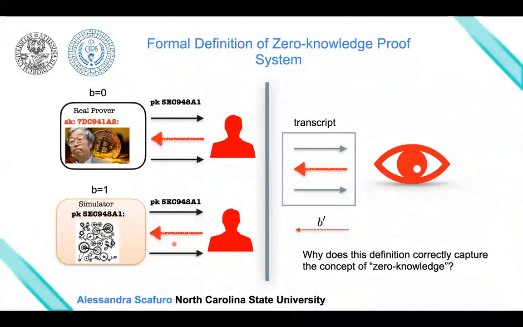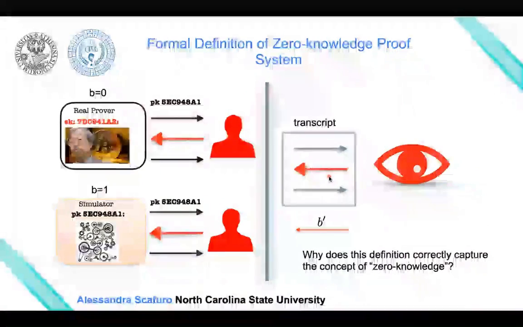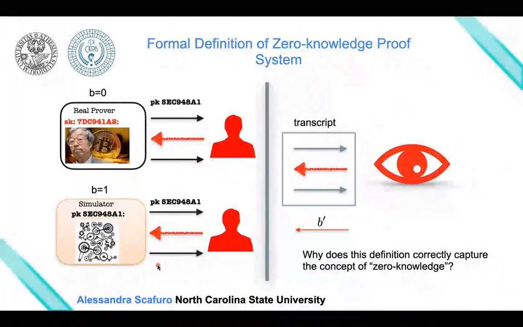Okay, so here I ask the question, why does the definition correctly capture the concept of zero knowledge? It correctly captures this concept because if I cannot tell how the transcript is computed, definitely I am not learning if the secret was used or not, right? So I'm not learning anything about the secret.